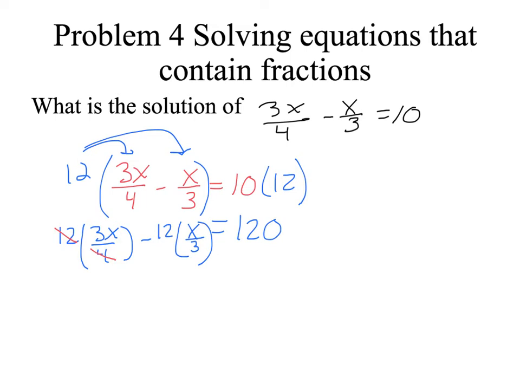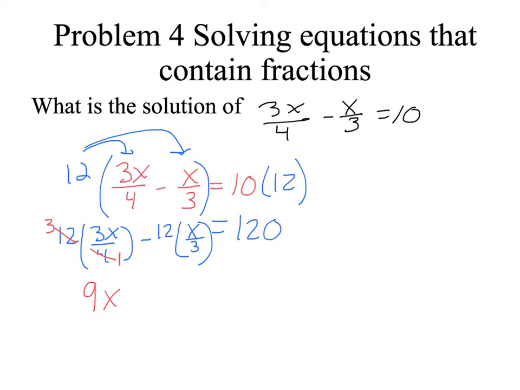So divide them both by 4. The bottom, 4 divided by 4, is just 1. And the top, 12 divided by 4, is going to be 3. So instead of 12 times 3x over 4, the 4 canceled out, so I don't really need to divide by 1. I really just have 3 times 3x, which is 9x.